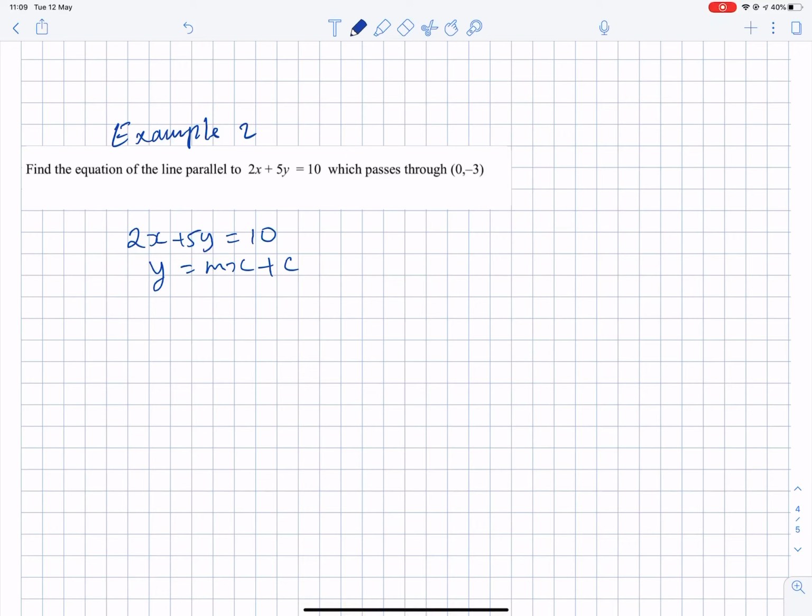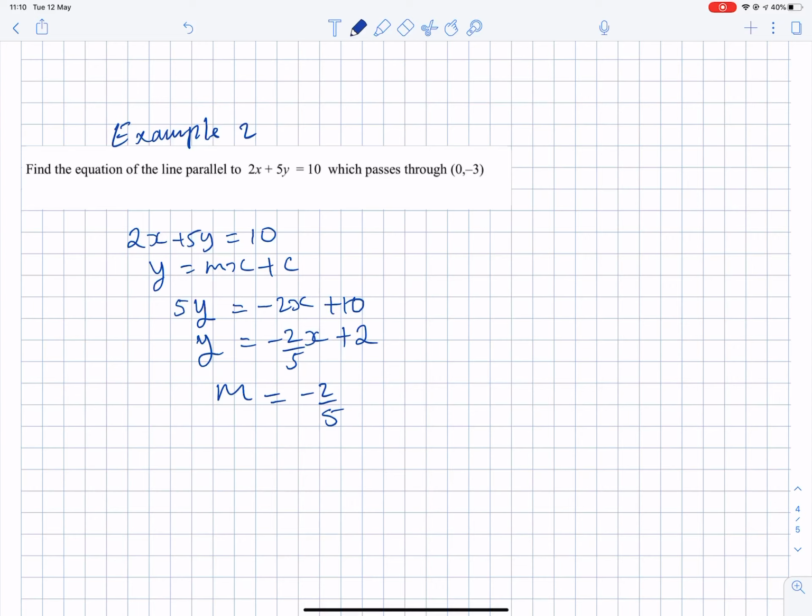So we need to make y the subject. If I take away 2x from both sides, I will have 5y equals negative 2x plus 10. Divide both sides by 5. I have y equals negative 2 over 5 x plus 2. So my gradient then is negative 2 over 5.